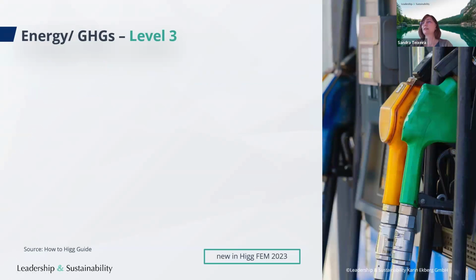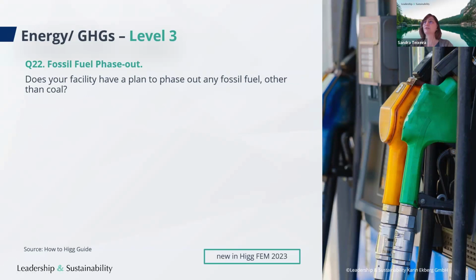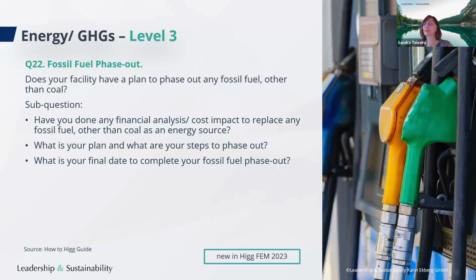Regarding level 3, an example of the questions is question 22, the fossil fuel phase out. Does your facility have a plan to phase out any fossil fuel other than coal? And this also has sub-questions.